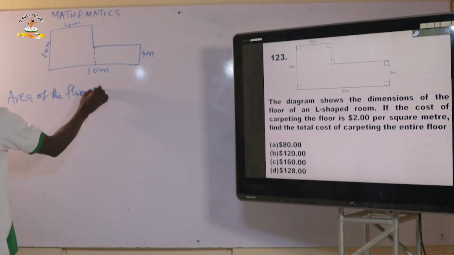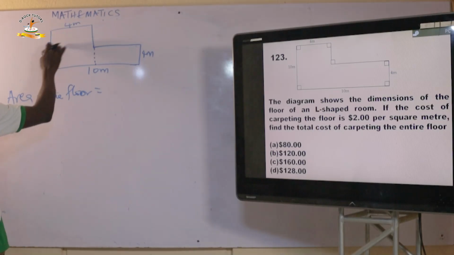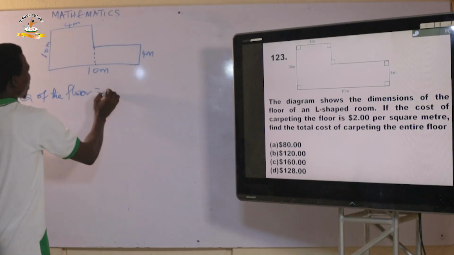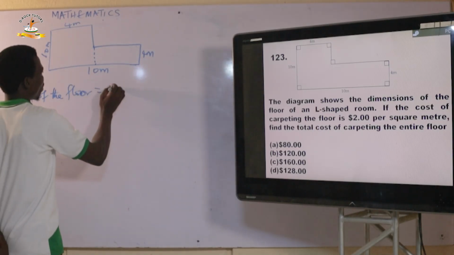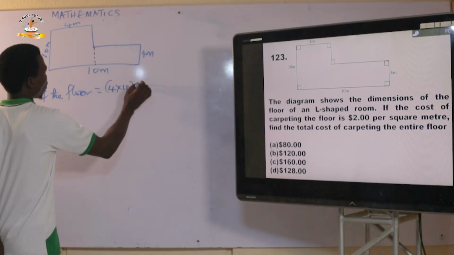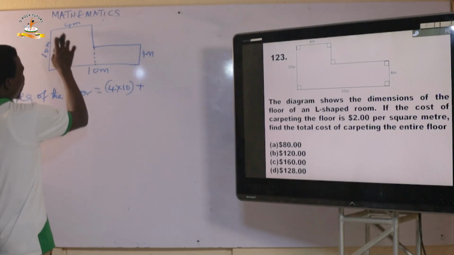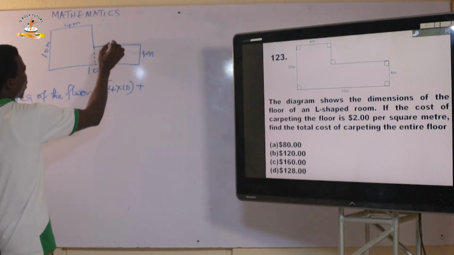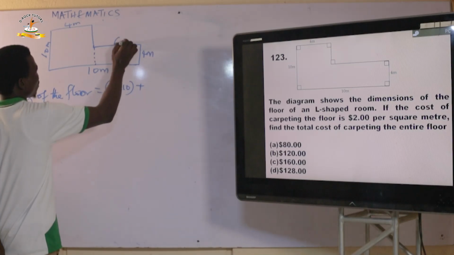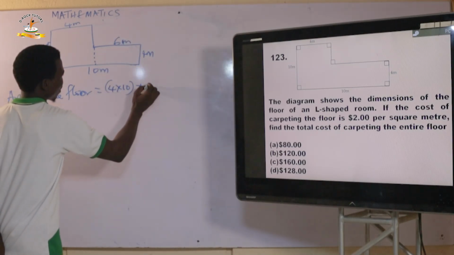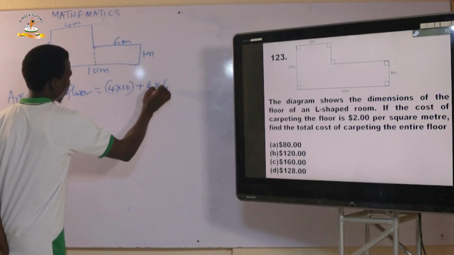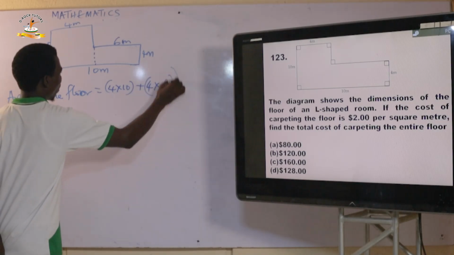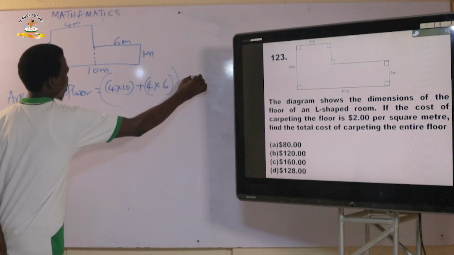So the area of the floor will be, this one is automatically a rectangle, and that is length times breadth, that is 4 times 10, plus this one. Don't forget it is 4 here, then the left is 6 meters here, plus 4 times 6, all in meters squared.